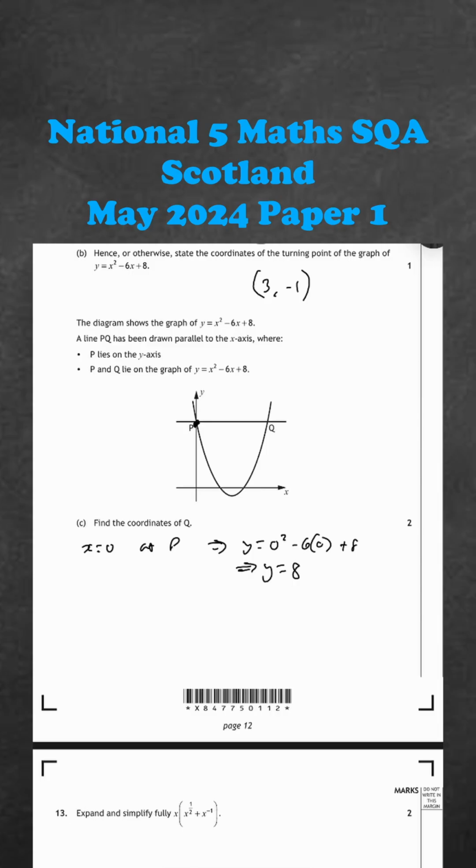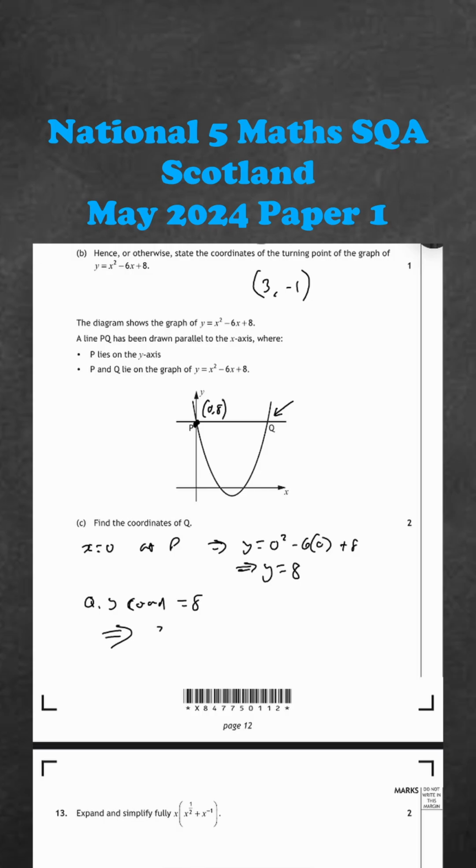The y coordinate there is 8, so P is 0, 8, which means the y coordinate of Q is also 8.